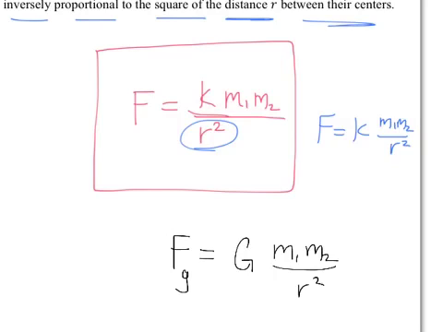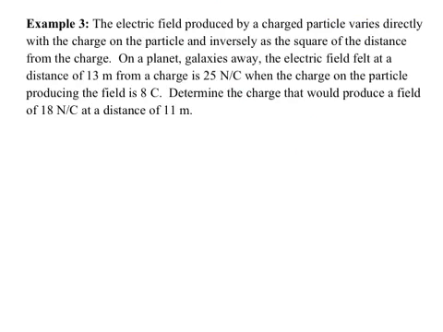So let's take a look at the next problem. Remembering this, please. You can tell me what to do here. Let's read it. The electric field produced by a charged particle varies. And you could start writing right away. You could use E for electric field if you would like. The electric field produced by a charged particle varies directly with the charge on the particle.